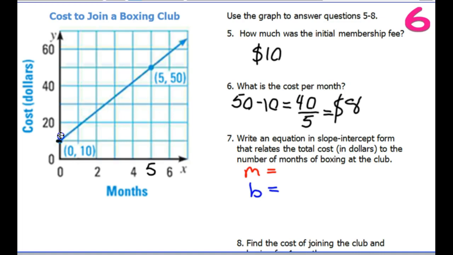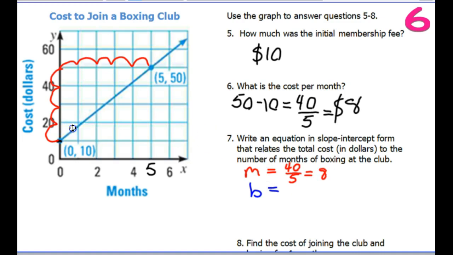So how we're going to find the rise is we're going to go up from here to here. Now we're going up by 10, so 10, 20, 30, 40. And now we're going over by ones, 1, 2, 3, 4, 5. So 40 divided by 5 is 8.